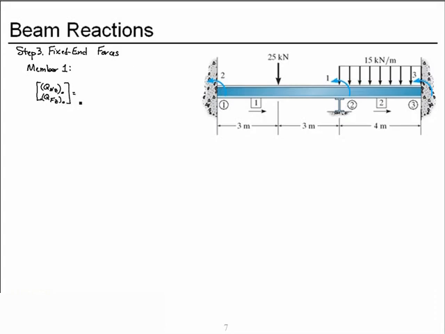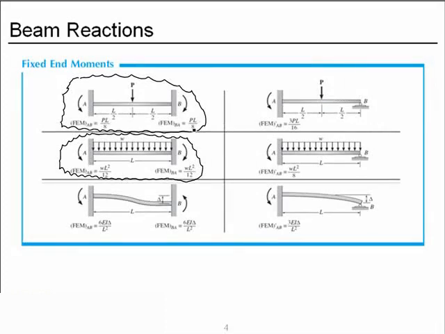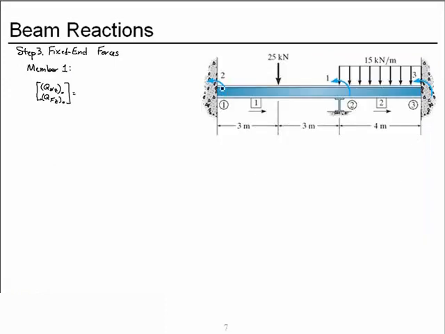And if we go to the inside back cover of our text, for fixed, point load in the middle, we have PL over 8 is the fixed end moment at each end. At the left end it is counterclockwise, at the right end it is clockwise. And since we consider counterclockwise positive for the stiffness method, we have a positive PL over 8 at the near node and a negative PL over 8 at the far node for member 1.